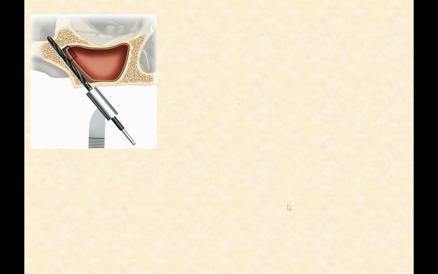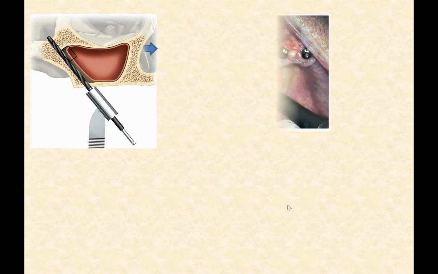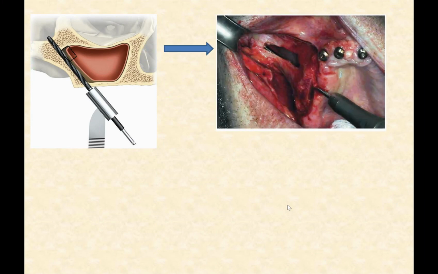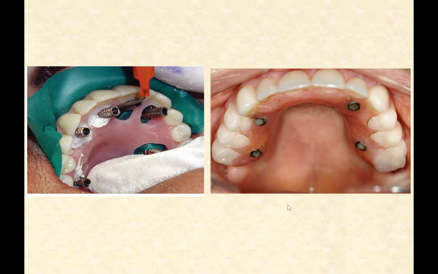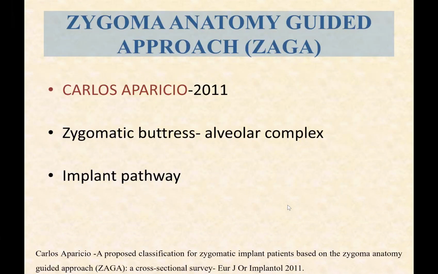Next, the implant length is checked, viewing the implant from the surgical window. Next is insertion of the cover screw and suturing. Then the prosthetic phase is started.